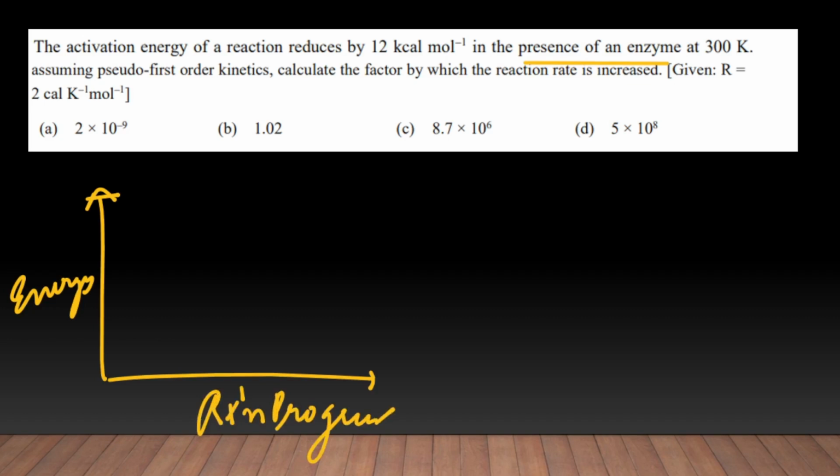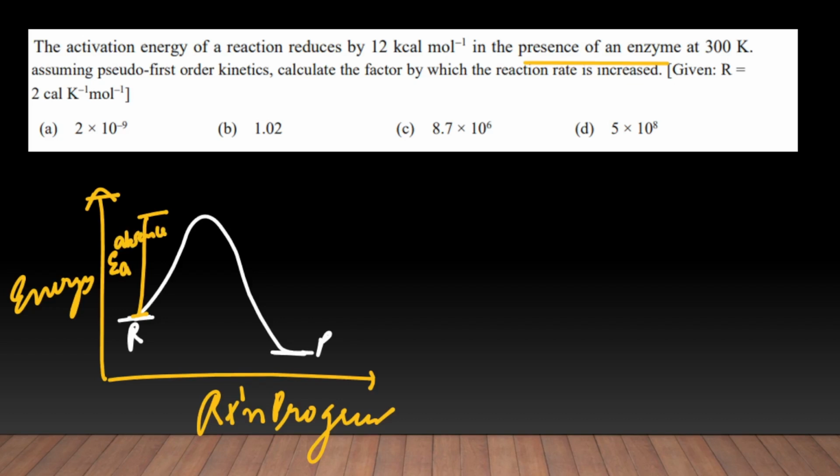Some reaction you are doing: these are the reactants with some activation energy, being converted into the product P. This will be the activation energy required in the absence of the catalyst. Here no catalyst has been used.